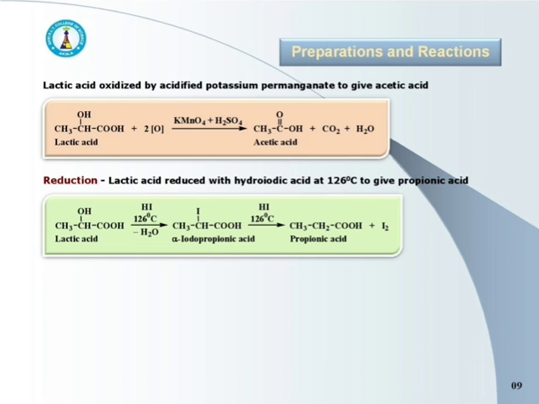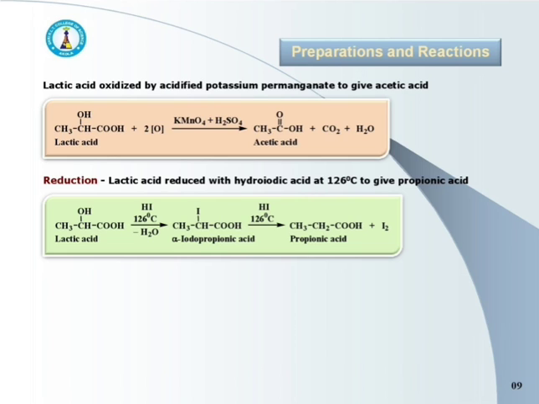Last one is the reduction of lactic acid. Reduction of lactic acid with hydroiodic acid at 126 degrees centigrade gives propionic acid.